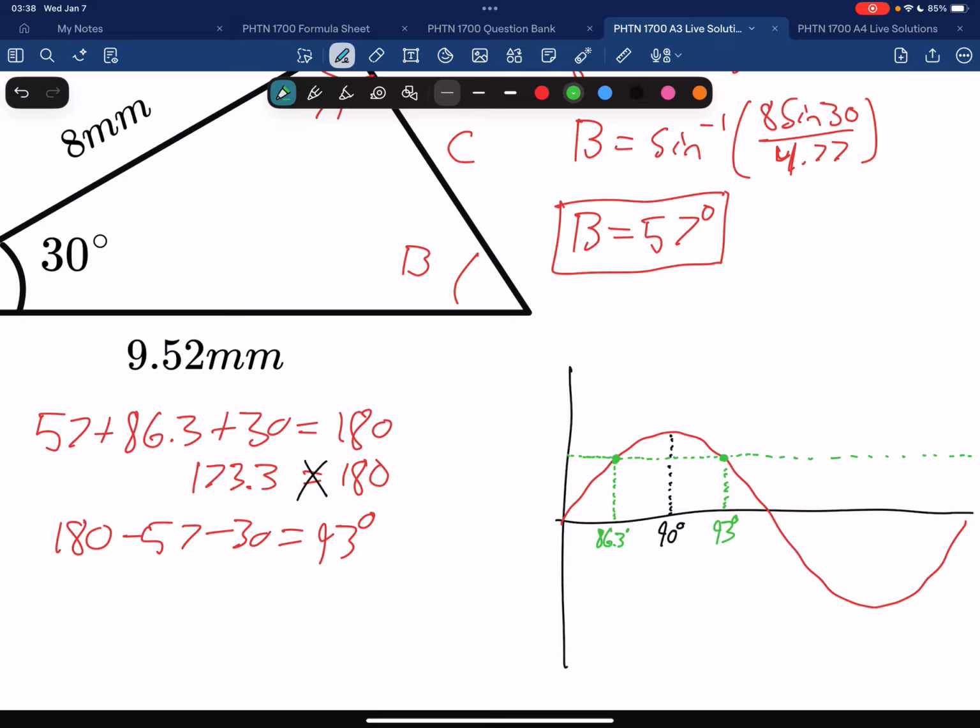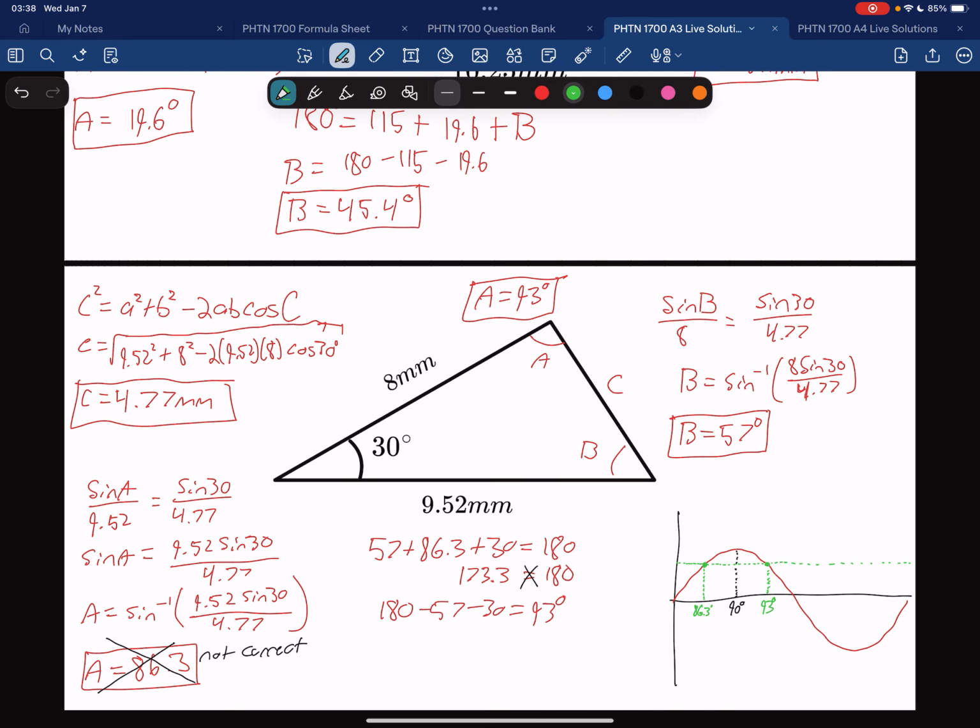So what's happening here is your calculator is just giving you the first value. It's the first possible solution, positive solution, I should say, that satisfies the sine function. However, that first answer of 86.3 does not satisfy our triangle here.